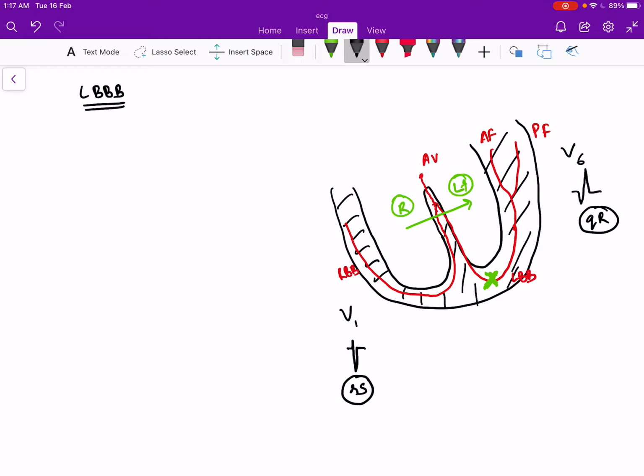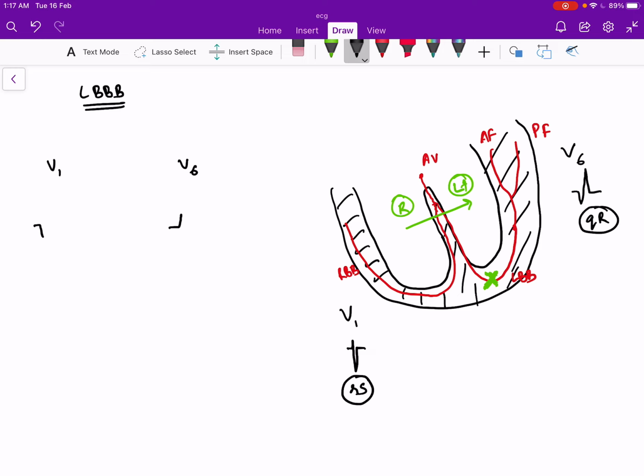So how will the ECG changes be in lead V1 and lead V6? In lead V1, due to the septal depolarization, we'll get a small negative wave and a small positive wave in lead V6, as the direction faces away from V1 and towards V6.